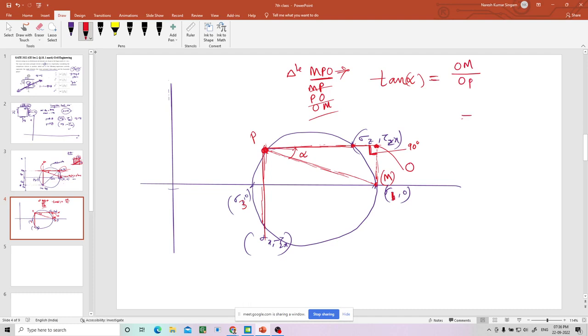Can you tell me what is OM? What is the magnitude of the OM in terms of stress? Tau zx. This height is tau zx, right? Okay, tau zx. Can you tell me what is OP or PO from here to here?